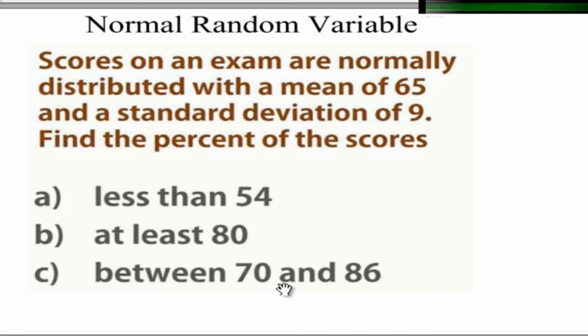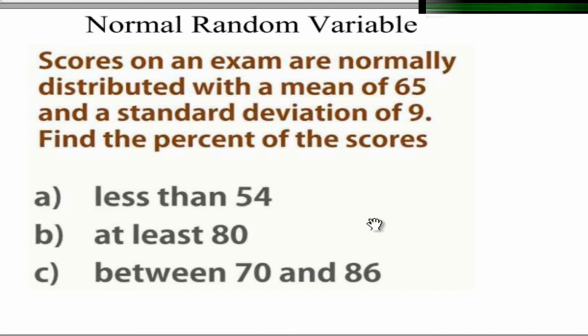Find the percent of the scores which are less than 54, at least 80, and between 70 and 86. We have to find the probability for these three options, that is, what the values of these three are.